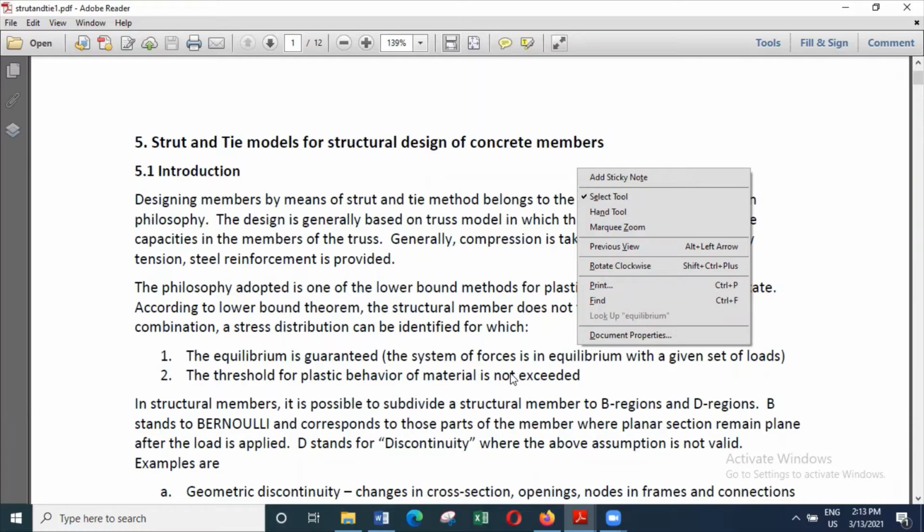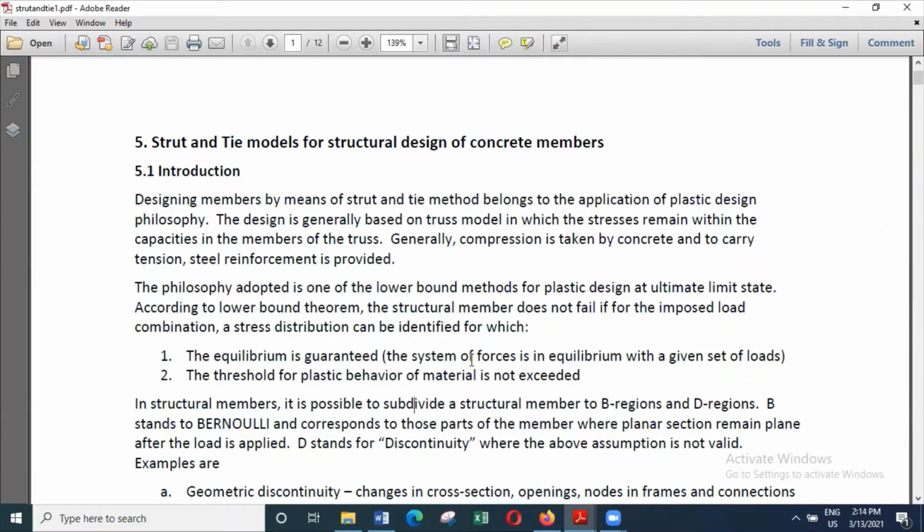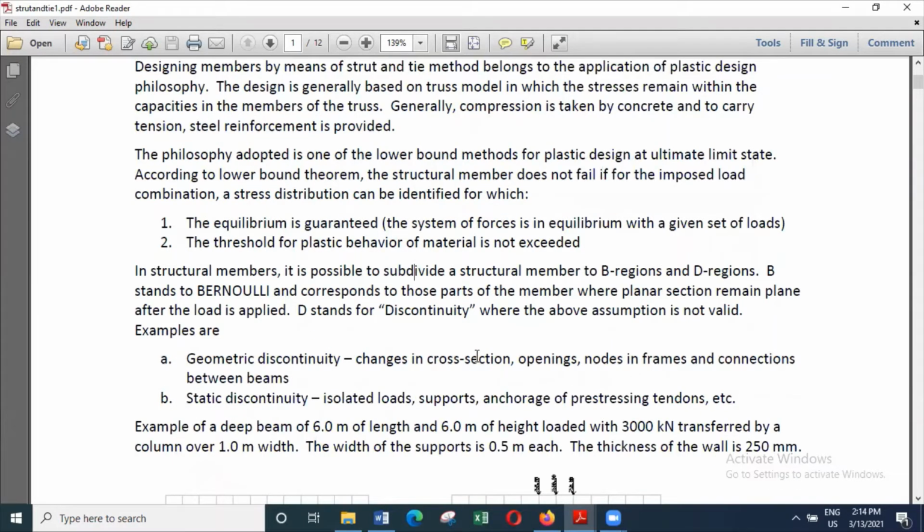And so in a beam, you can actually identify D regions and B regions. For example, if you have some discontinuity in a structure, say, you have a small cantilever beam, and if that cantilever beam supports another beam with a stepped joint, so if I can actually give an example.